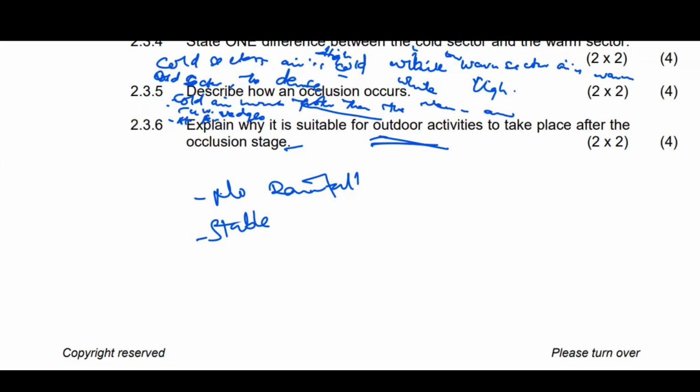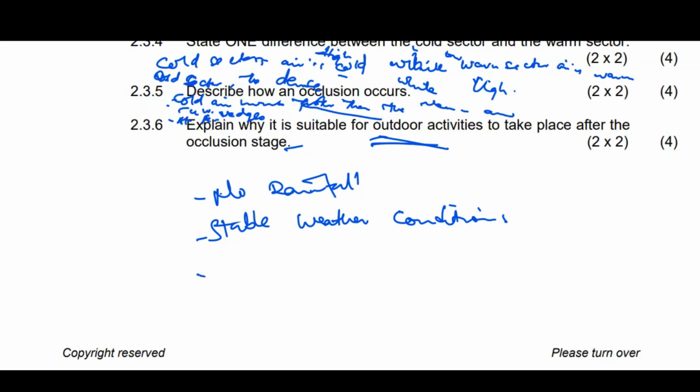So the weather conditions will be stable, and that will assist us to have outdoor activities. If the weather conditions are stable, you expect the winds to be calm and clouds to be clear, and that will favor outdoor activities.